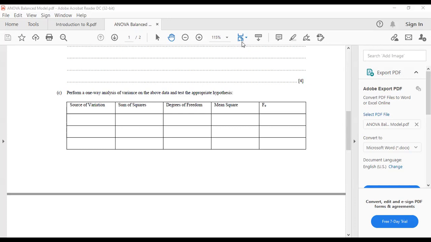The value of the big N is 15. Okay, yes, that 15 times 4.353333 squared.